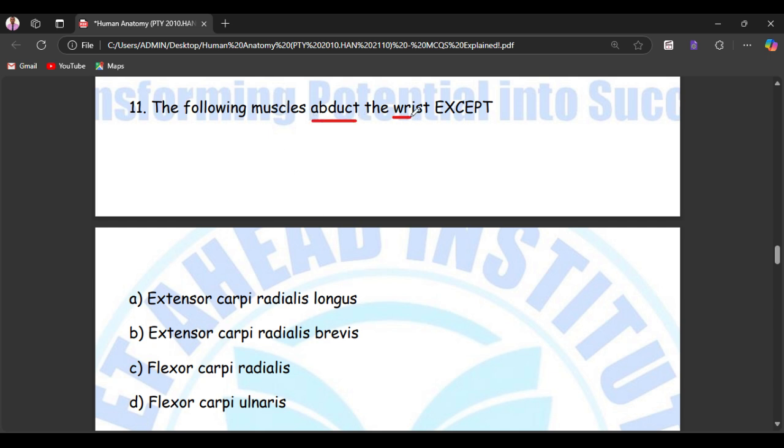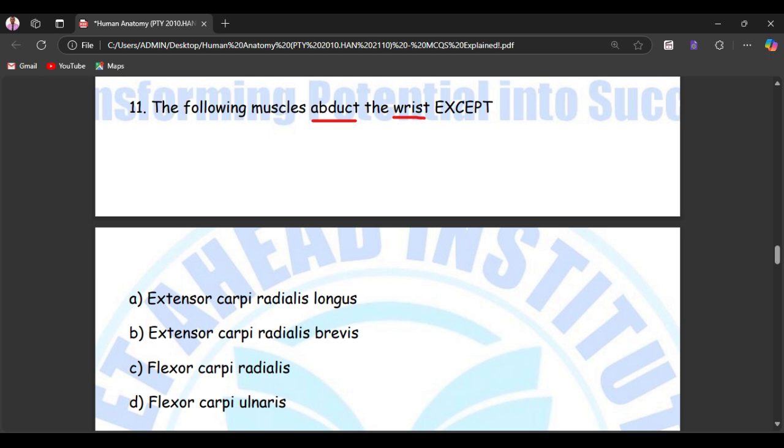On A, we have extensor carpi radialis longus. On B, extensor carpi radialis brevis. Then on C, the flexor carpi radialis. Then on D, the flexor carpi ulnaris.